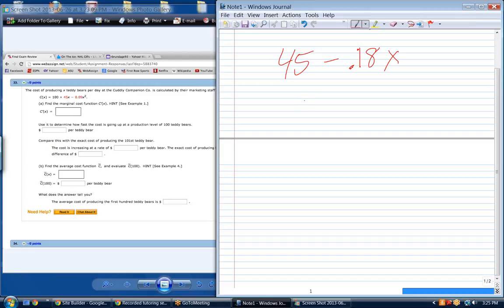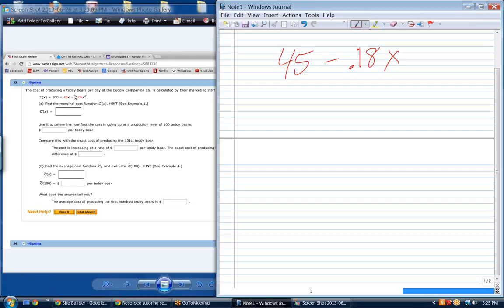Okay, which would be 45 minus 18, which is 27. Compare this with the exact cost of producing the 101st teddy bear.